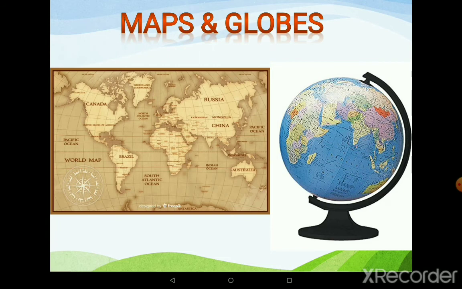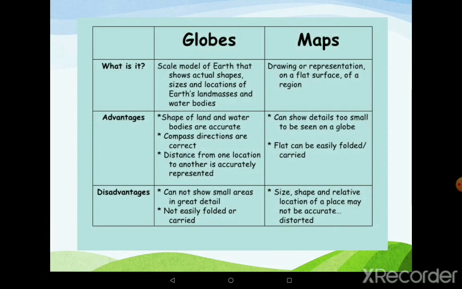So, what is a globe? A globe is actually a ball-like model of the earth. Again, I'll repeat, a globe is a small ball-like model of the earth. Now, let us see the difference between a globe and a map.